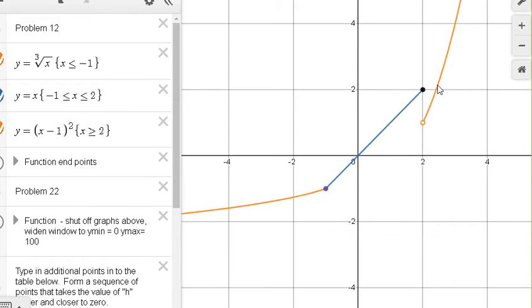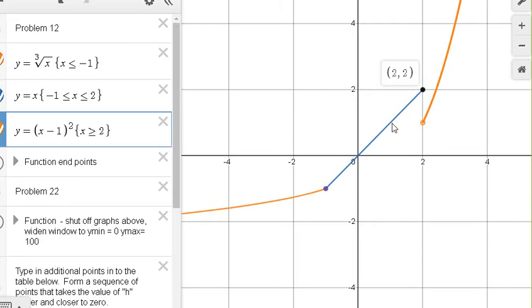As you approach x equals 2 from the left, the limit is 2. What's going to be the limit as x approaches 2 from the right? It's getting close to what value? It gets close to 1. Now you can't actually, I guess you actually can get the 1 here.